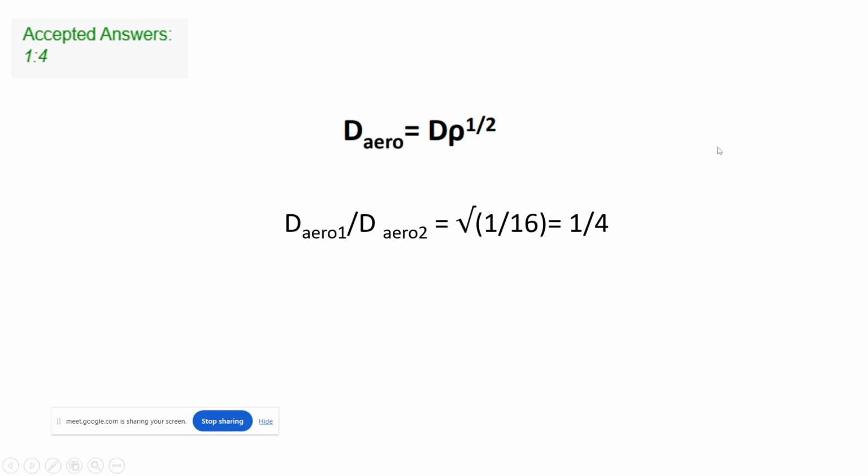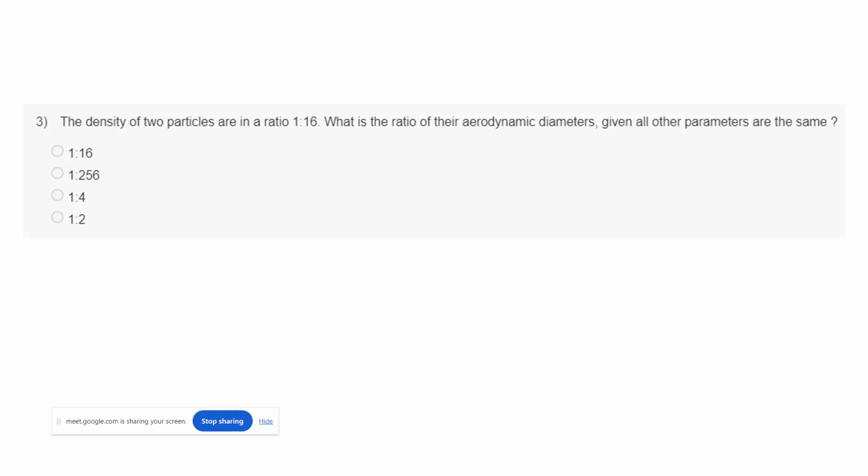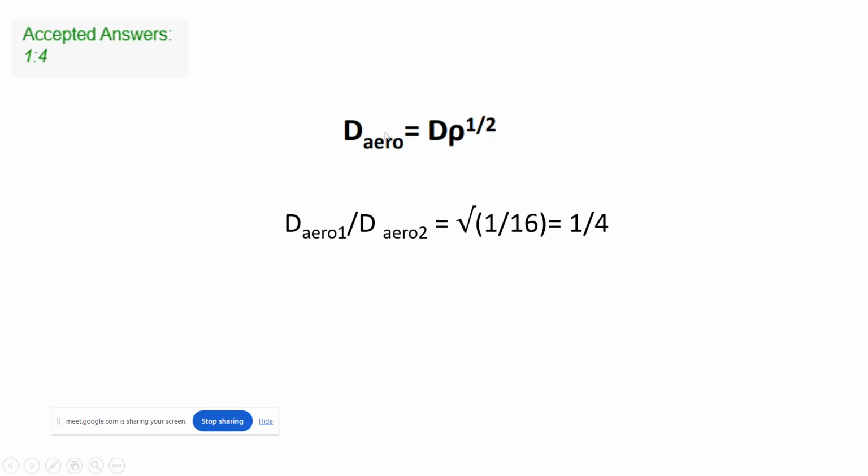The aerodynamic diameter is given by the diameter times the square root of the density of the particle. So the aerodynamic diameter ratio would be the square root of the densities of the particles, which is 1 is to 16 under root, which is 1 by 4.